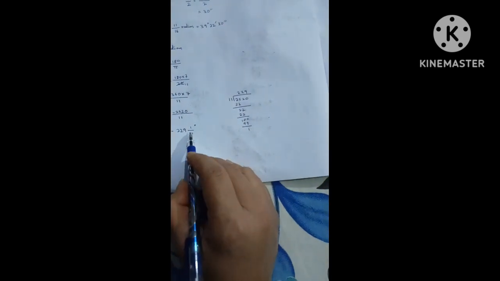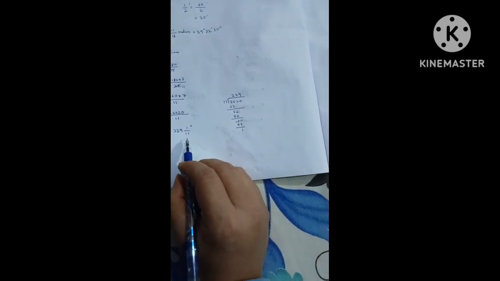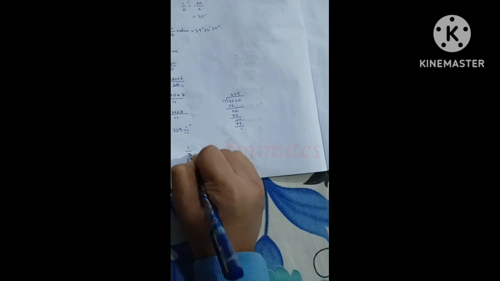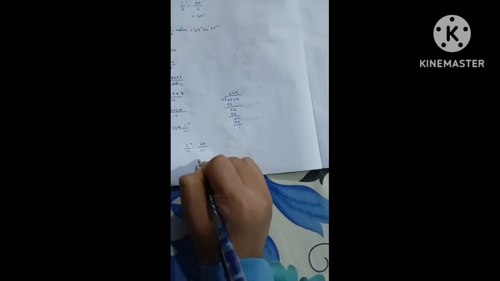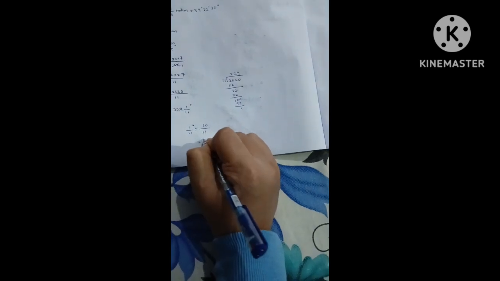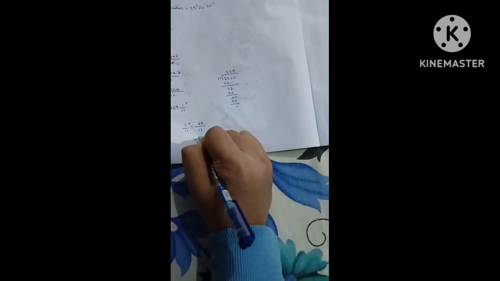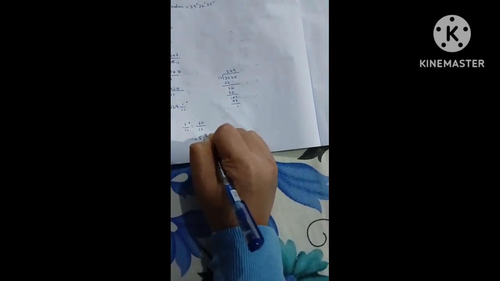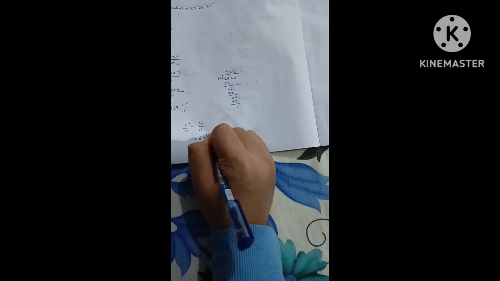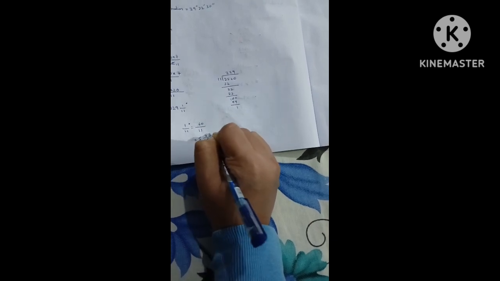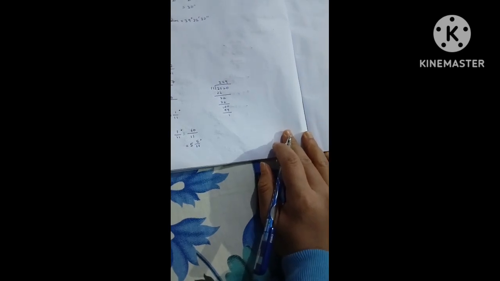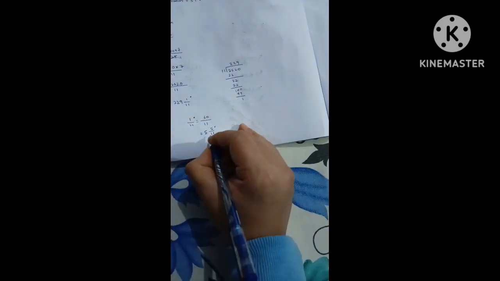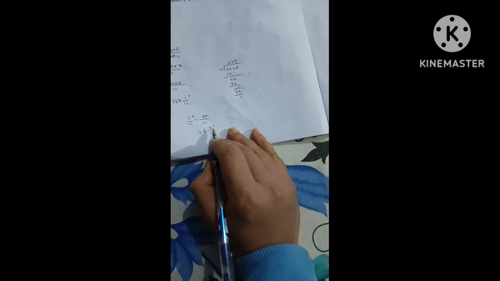Now we need to convert this 1 by 11 degree into minutes. So 1 by 11 degree is equal to 60 by 11 minutes, which will be equal to 5 and 5 upon 11 minute. Now we need to convert this 5 upon 11 minute into seconds.